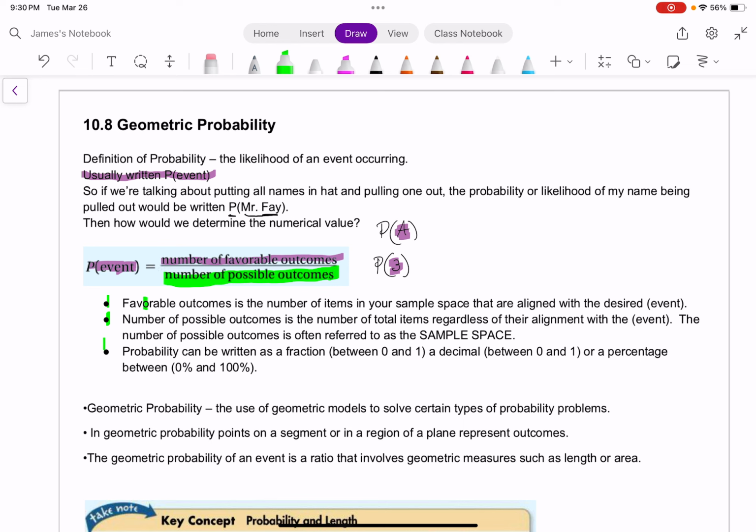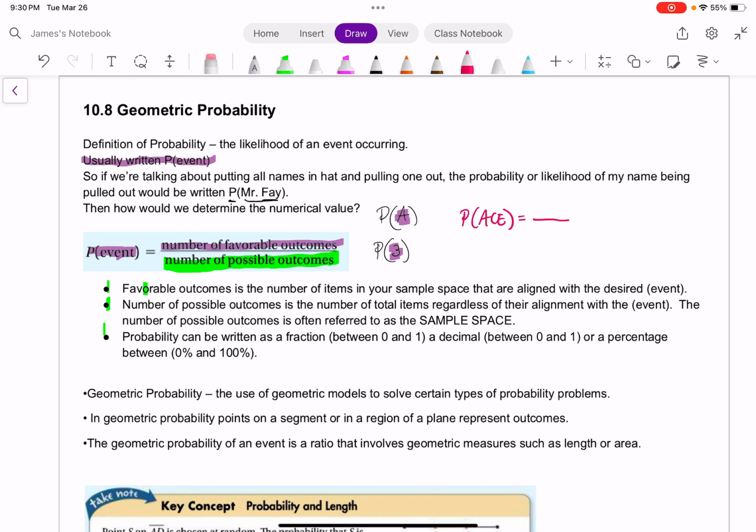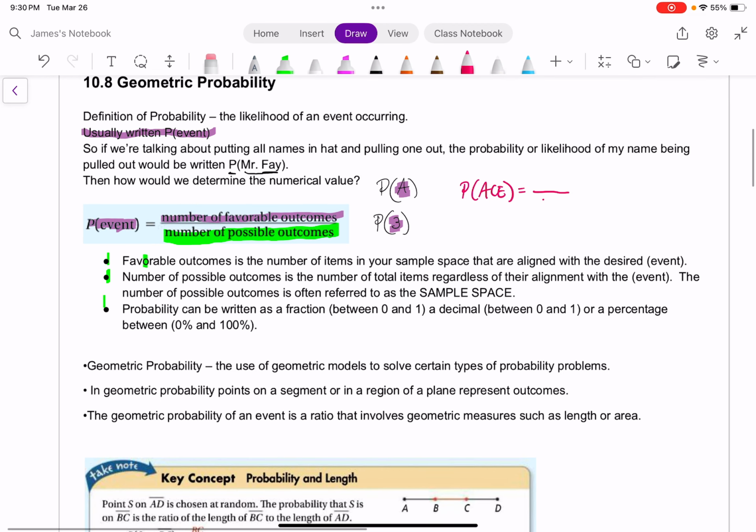So if I'm going to pull an ace out of a deck of cards, let's write this real quick. Probability of an ace out of a deck of cards. Well, the sample space is how many cards are in a deck. There are 52 cards in a deck, so that's all the possible things that could happen.